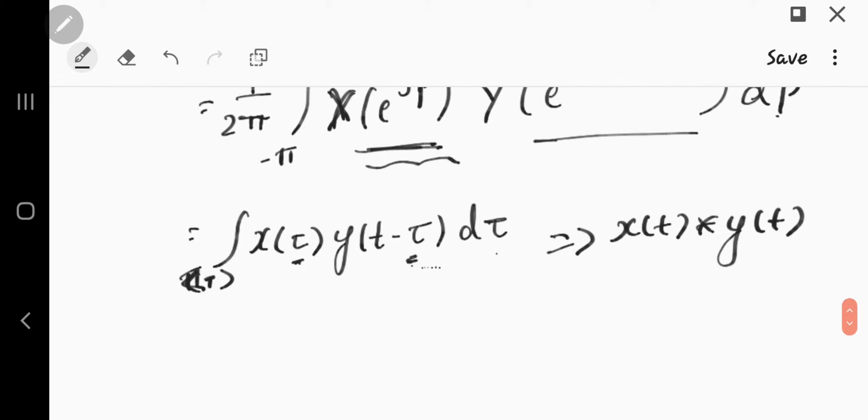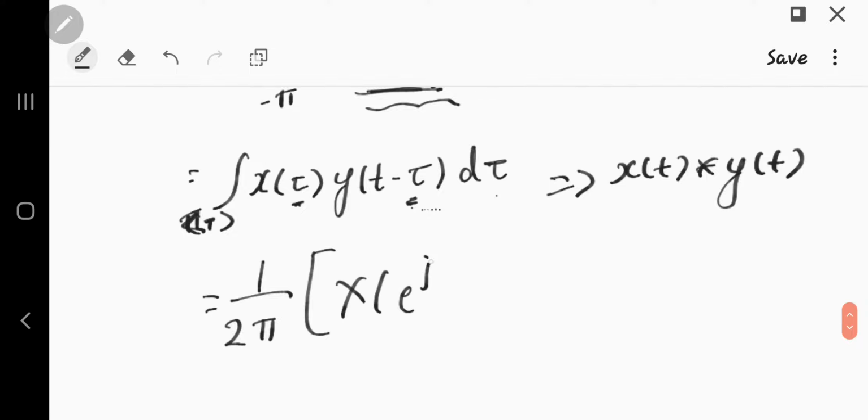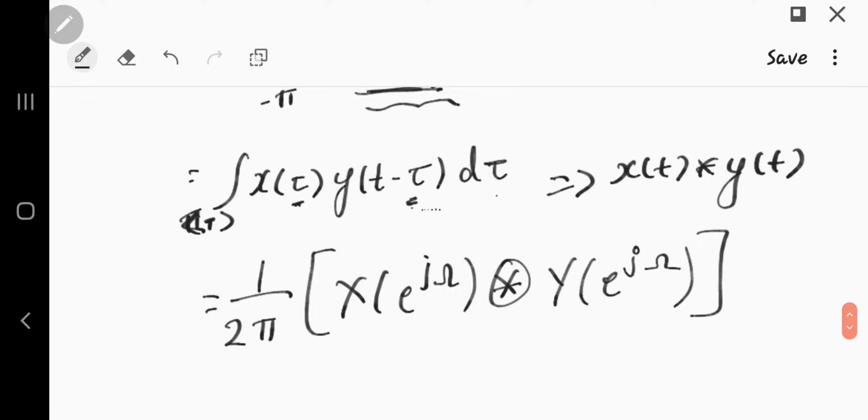Based on this, we can write this term as 1 by 2 pi into X of e power j omega convolved with Y of e power j omega, and this we started with e power j omega Z of e power j omega. So hence this is the proof.